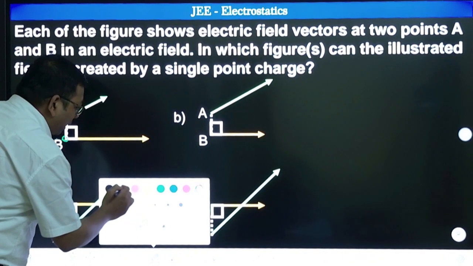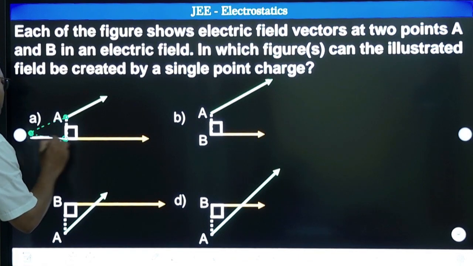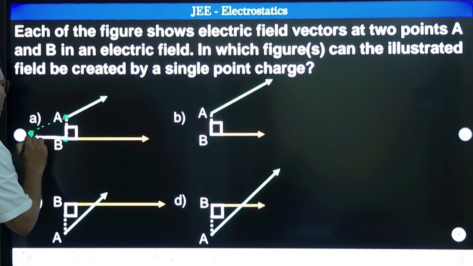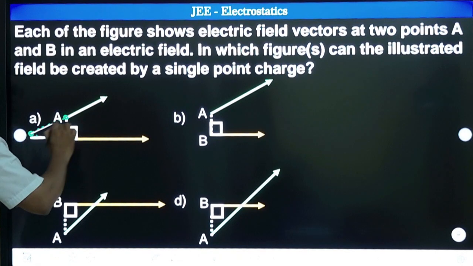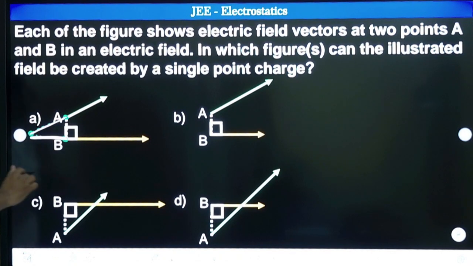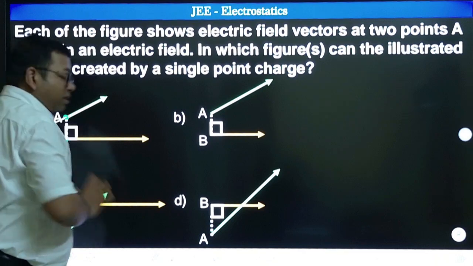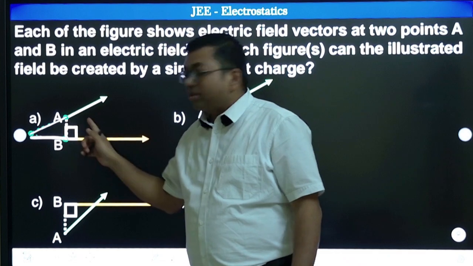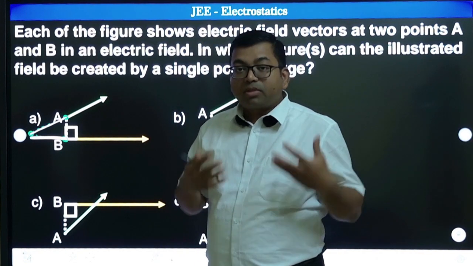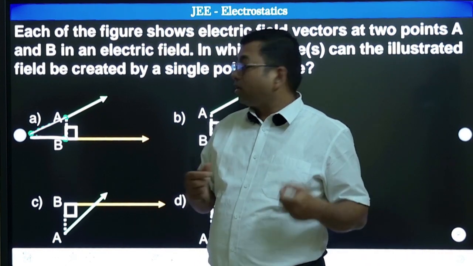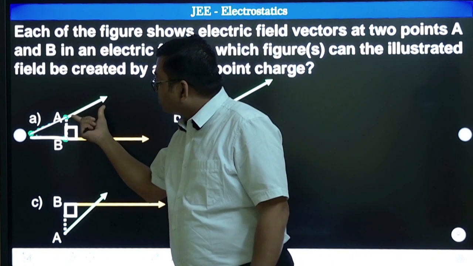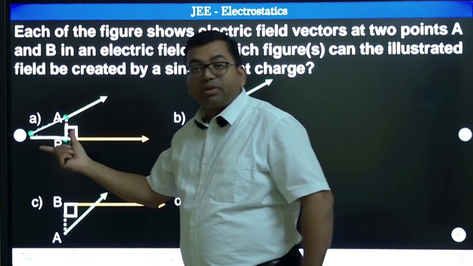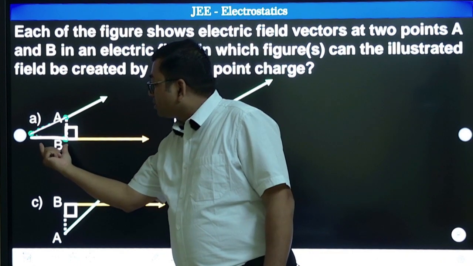As we have drawn, this length is smaller and this is like the hypotenuse. If you consider a larger distance from the source or the charge, the field will become smaller. So at this point the field is smaller because the hypotenuse distance is larger. Here this distance is smaller.